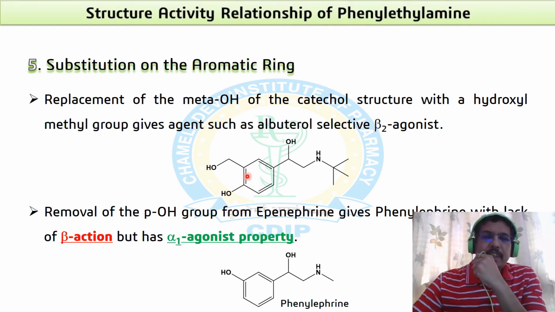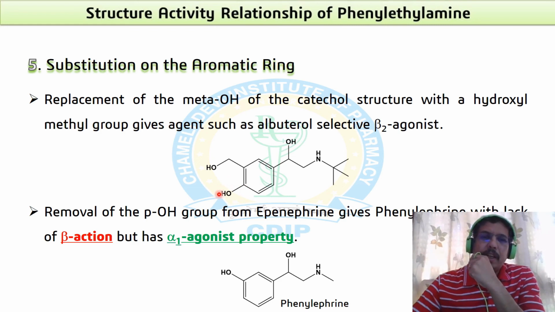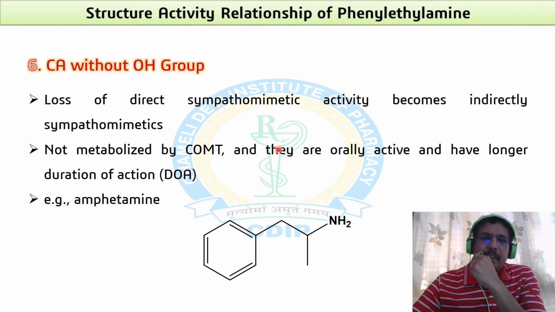So this says that the fourth position, that is the para hydroxy group, is basically responsible for beta selectivity, while the meta hydroxy group is responsible for alpha selectivity. Then the removal of both hydroxy groups from the catechol converts it into a phenyl ring.